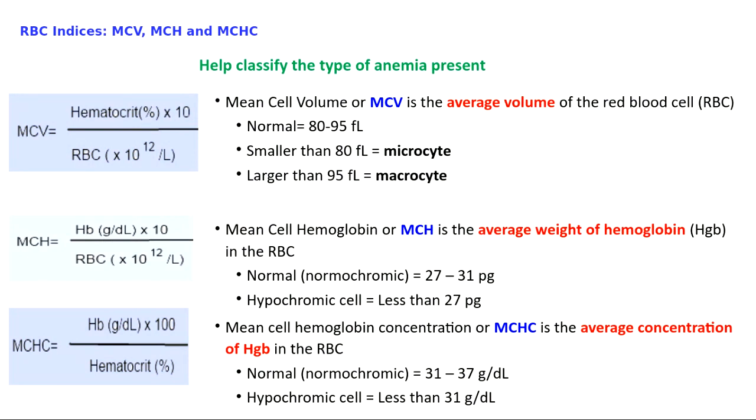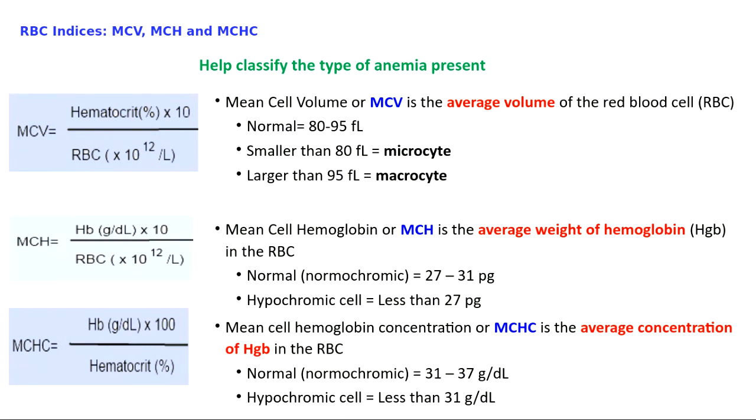Iron deficiency anemia also presents with very low hemoglobin, so the MCH and the MCHC are low. Iron deficiency anemia will show low red blood cells, a low MCV, low MCH, and low MCHC. So iron deficiency anemia is characterized as microcytic hypochromic.